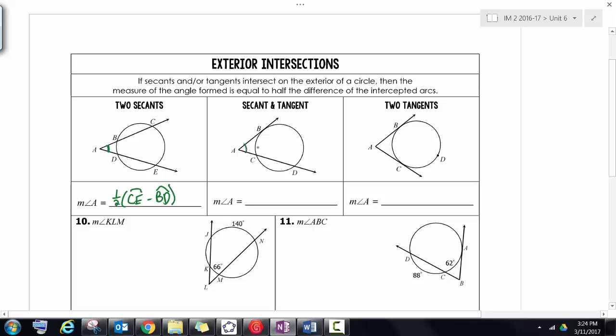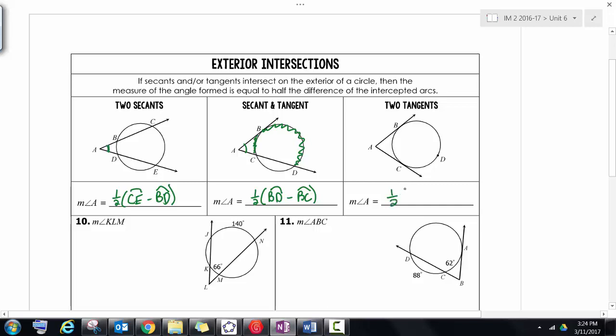That's two secants. If we have a secant and a tangent, still the same thing. It's 1/2 the difference of arc BD, so this outside, minus arc BC, the inside one here. And angle A, when we have two tangents, there's only two arcs.